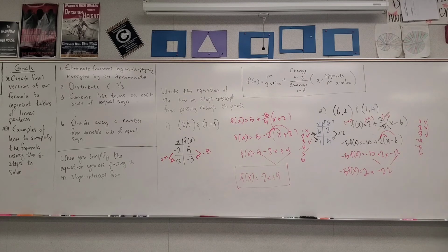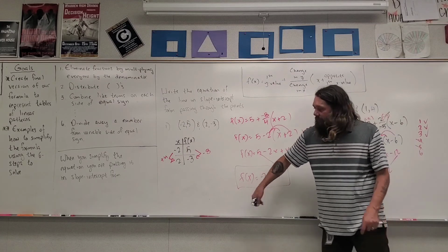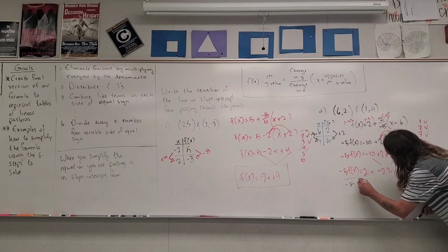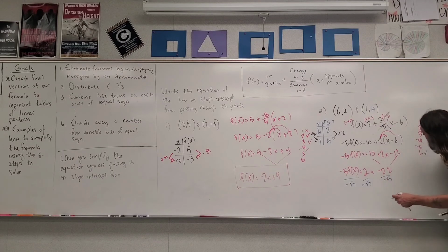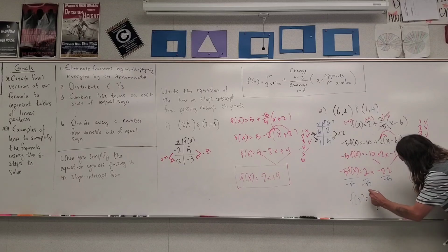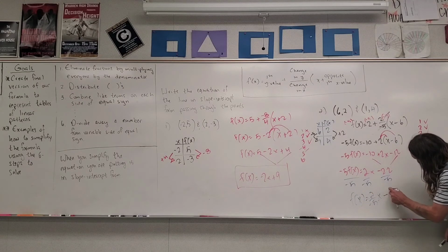So now we can do the last step because my f of x is not by itself, where in the previous problem it was by itself. So we are now going to divide away the fraction, or divide away the negative 5. So we're going to bring back the fraction that we got rid of. And our simplified equation in slope-intercept form is f of x equals 2 over negative 5x minus 22 over negative 5.